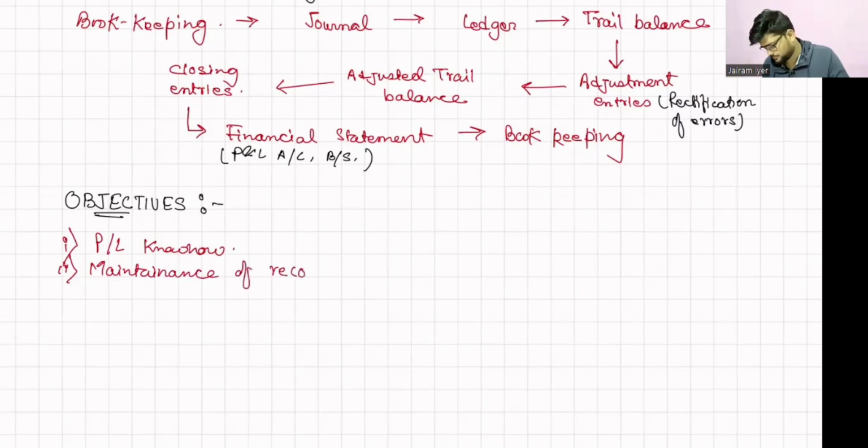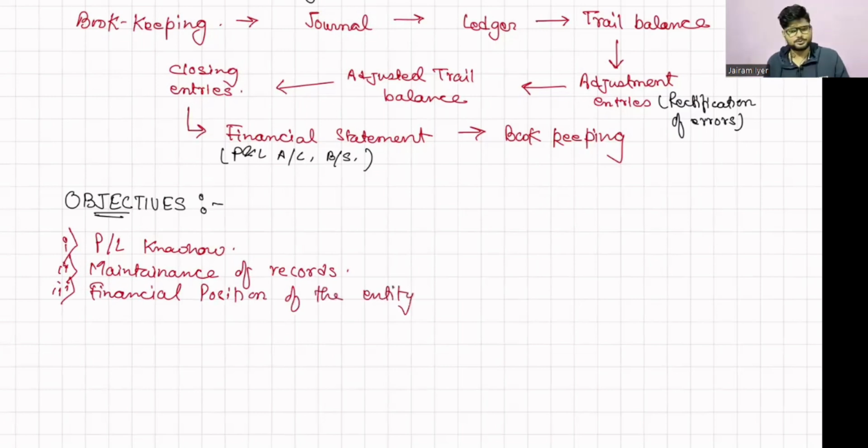Anything more? Something we discussed regarding position: financial position of the entity. Entity, firm, business, these all are synonyms of each other. To know the financial position of the entity. One thing that we discussed as well, but might not be in points.